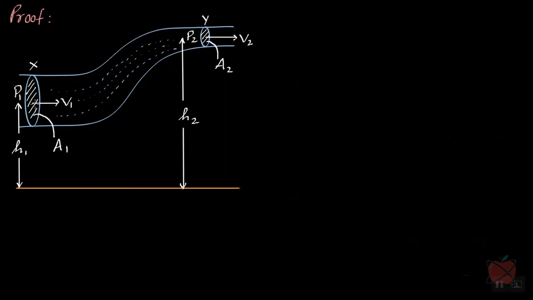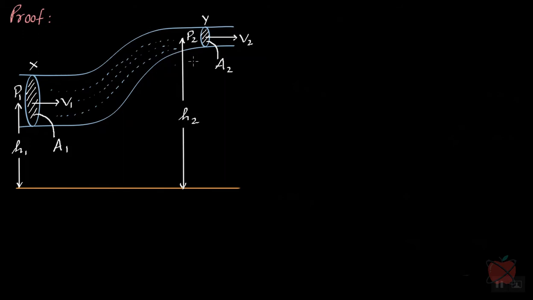V1 is the speed of the liquid crossing A1, and V2 is the speed of the liquid crossing A2. P1 is the pressure at point X and P2 is the pressure at point Y. And you can see that the two levels of the tube are different. Y is at a higher height h2, and X is at a lower height h1.